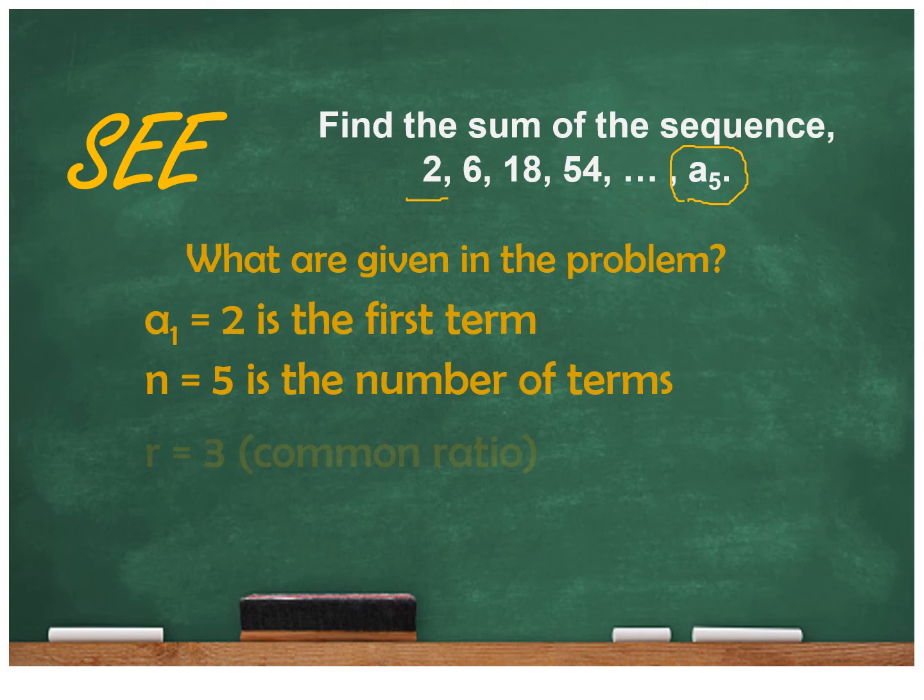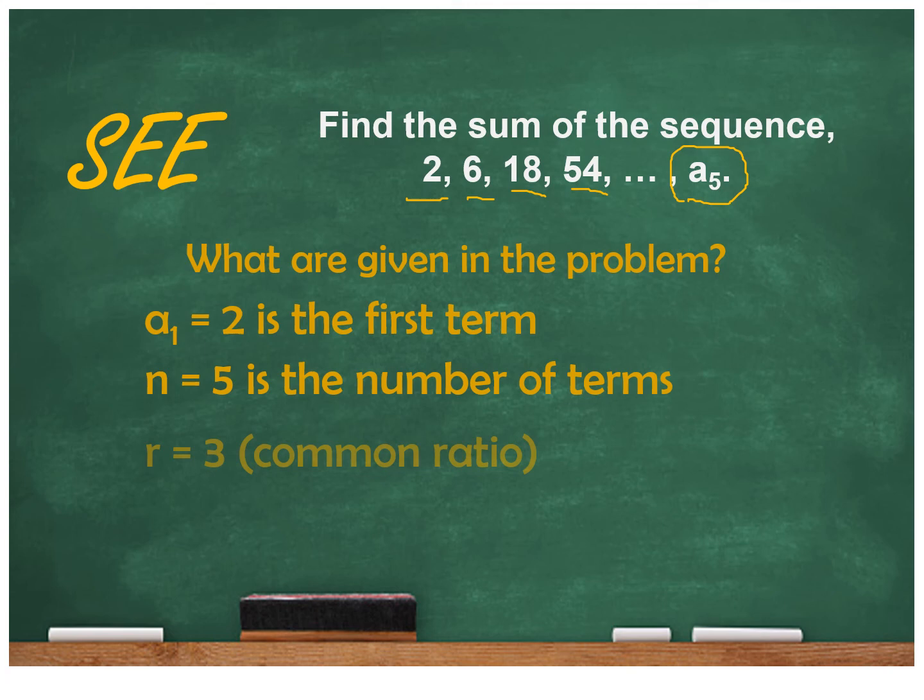But what kind of sequence is it? Upon observing the given, we can say that this is a geometric sequence. We can first try if it is arithmetic. 6 minus 2 is 4, while 18 minus 6 is 12. So, there is a large difference.